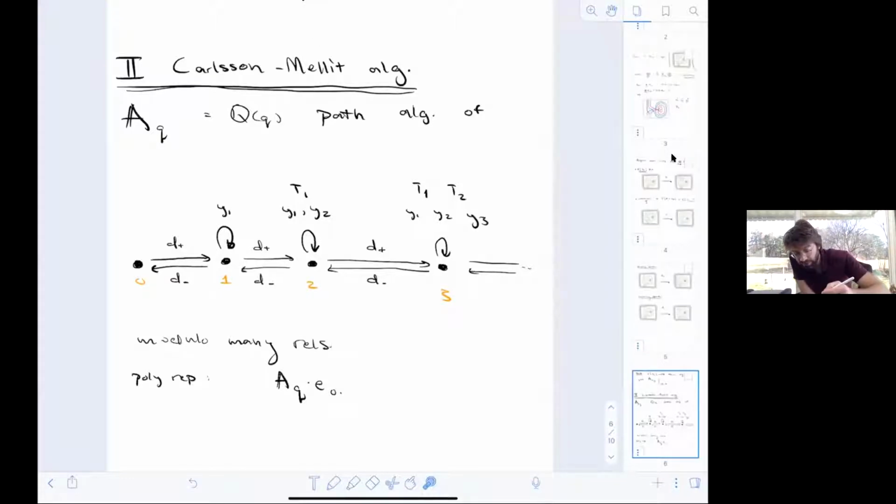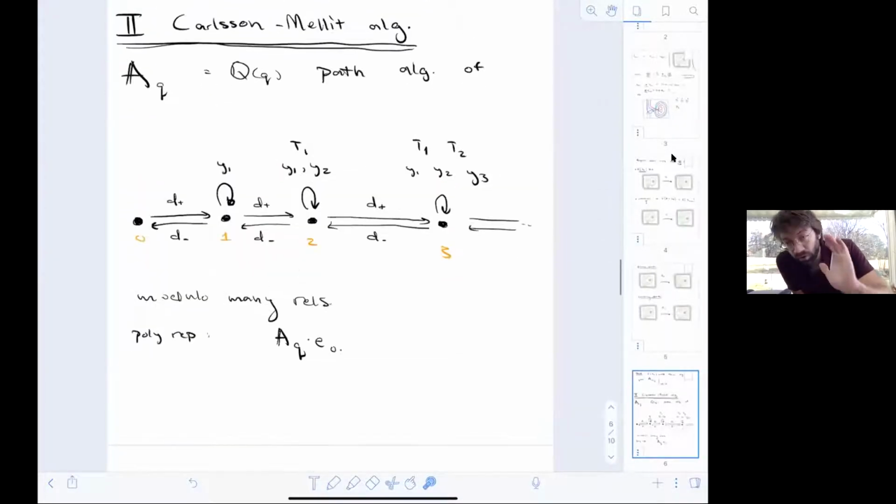So the relations are numerous, and I'm not going to write them, but one thing I will say is that the y's and the t's individually satisfy the affine Hecke algebra relations. So the t's satisfy Hecke algebra relations, and the y's commute amongst themselves and have certain commutation relations with the t's. That describes basically the polynomial representation of the Hecke algebra.